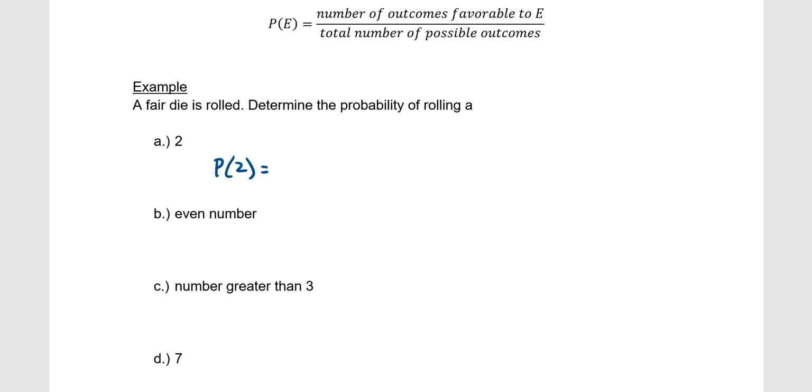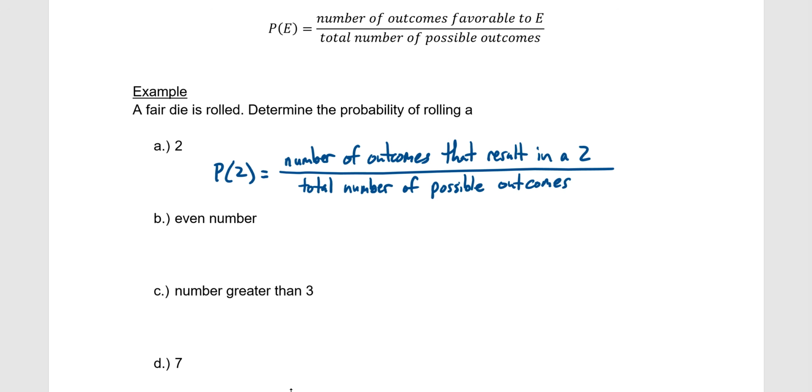So the probability of rolling a 2 is going to be the number of times we can roll a 2 divided by the total number of possible outcomes. Okay, so the number of outcomes that result in a 2, that's just going to be a 2. The only way we can roll a 2 is just rolling a 2. So that's going to be one outcome divided by, it's a 6-sided die. So 6 possible outcomes, so just 1 out of 6.